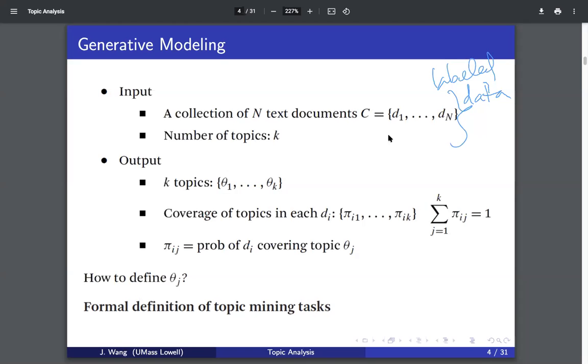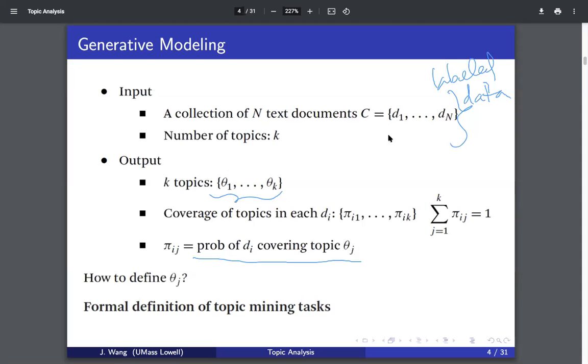So the output would be k topics. Each of these topics has a distribution, that is, the probability p_ij of a document d_i covering topic j. So really we want to know, for each document, the underlying topic distribution.